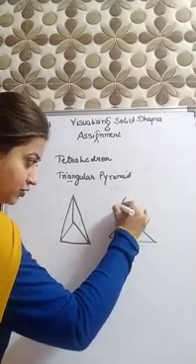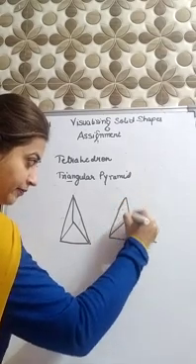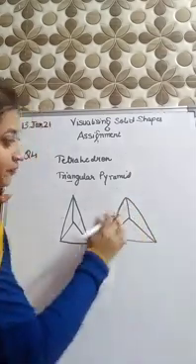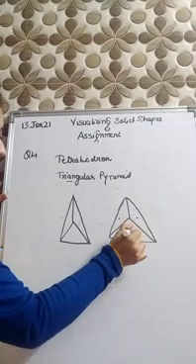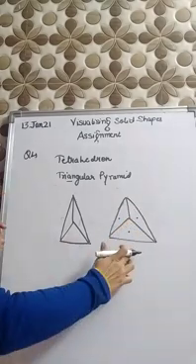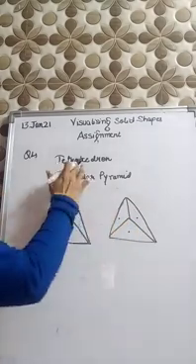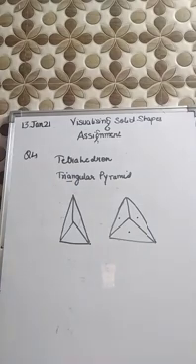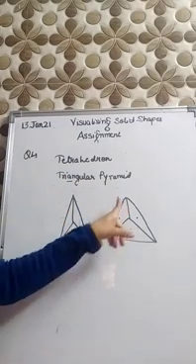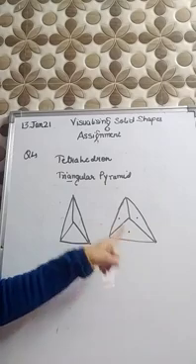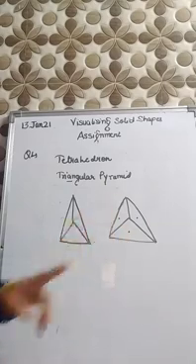For this you will make a little bit bigger triangle. In this manner you will get all the triangles equal. That will be your tetrahedron. So a tetrahedron is another name for a triangular pyramid if all the triangles in the triangular pyramid are equilateral only.